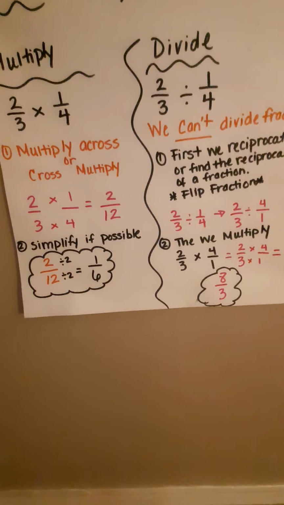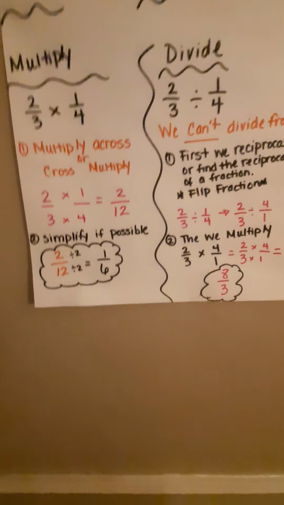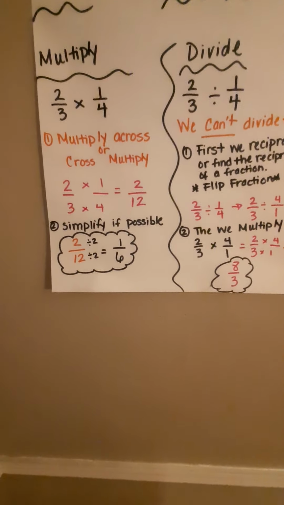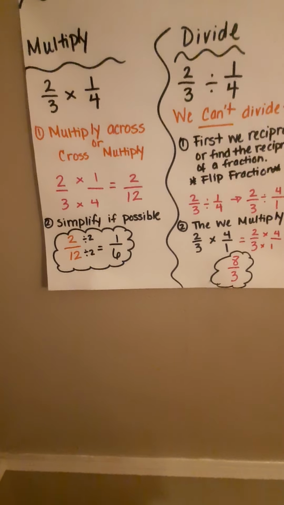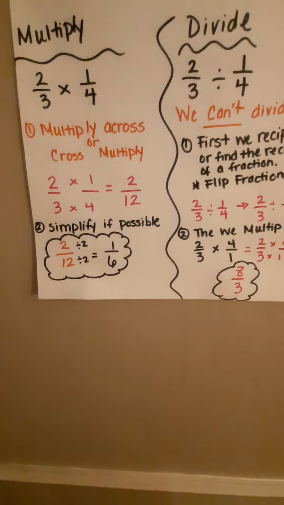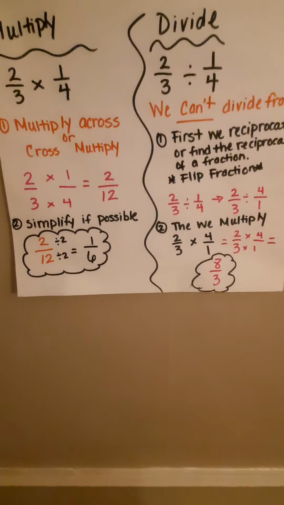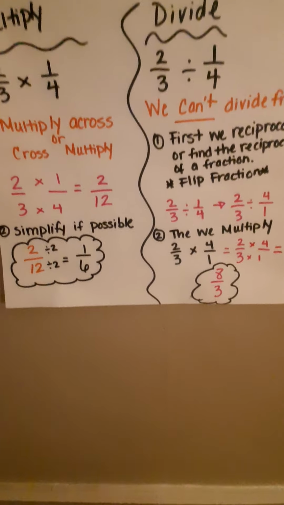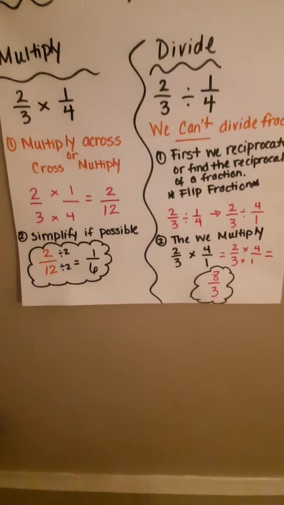Last, you simplify if possible. In this case, I can simplify. In order to simplify a fraction, you need to divide it by the greatest common factor of both the numerator and the denominator. The greatest common factor, not multiple, but factor, of 2 and 12 is 2.